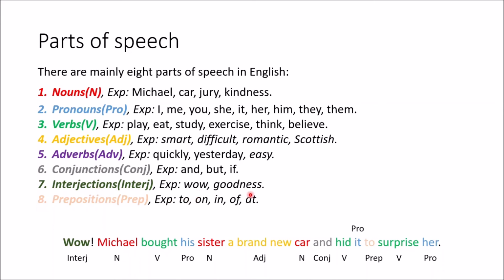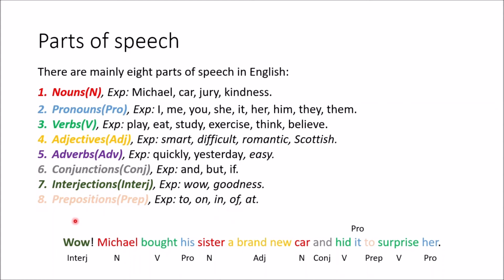Wow, goodness are forms to express surprise. Prepositions are used to link words. Usually they are positioned before a noun. To, on, in, of, at are some of the most common prepositions.